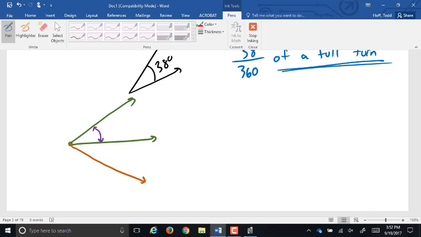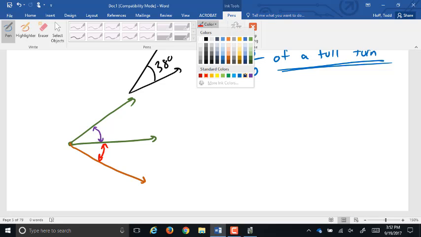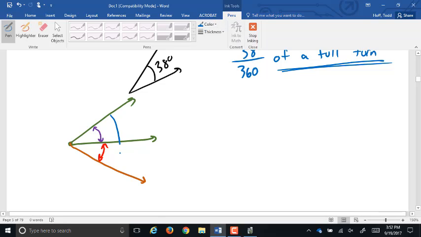But we have that little one that's between them, and then we have this new one that's formed by this new ray and the outside ray. And we also have one that's a combination of them, like that. When they share a common side like this, they have to share a vertex and a side.